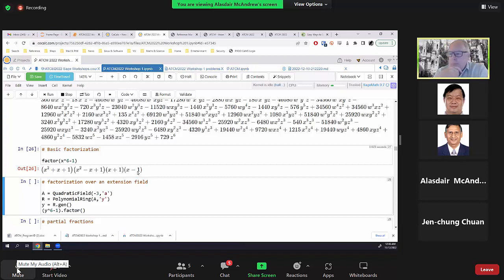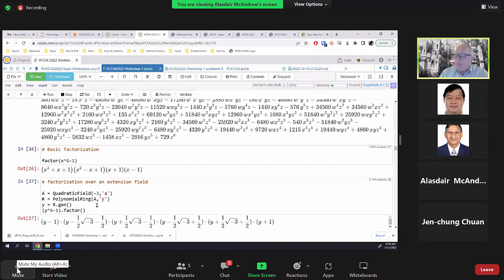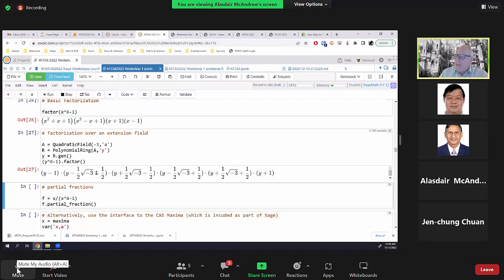So if we append to the ring of integers the value square root of minus 3, which is what we're doing here, we're creating a quadratic field which is extending the integers by square root of minus 3. Then, having done that, we can factorize that even further.